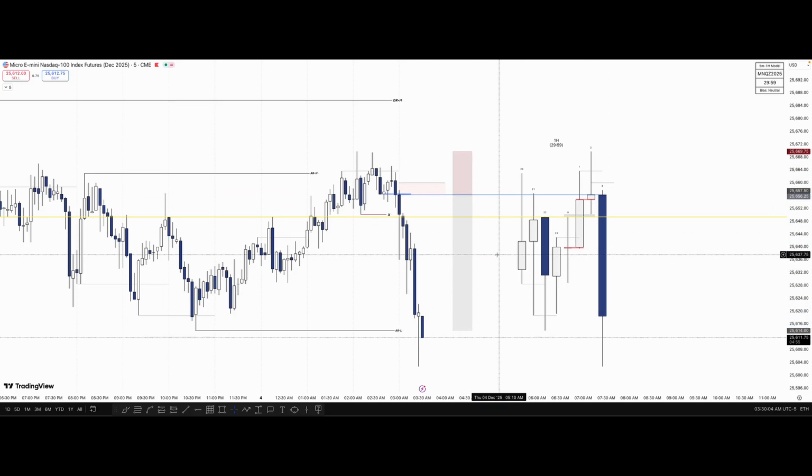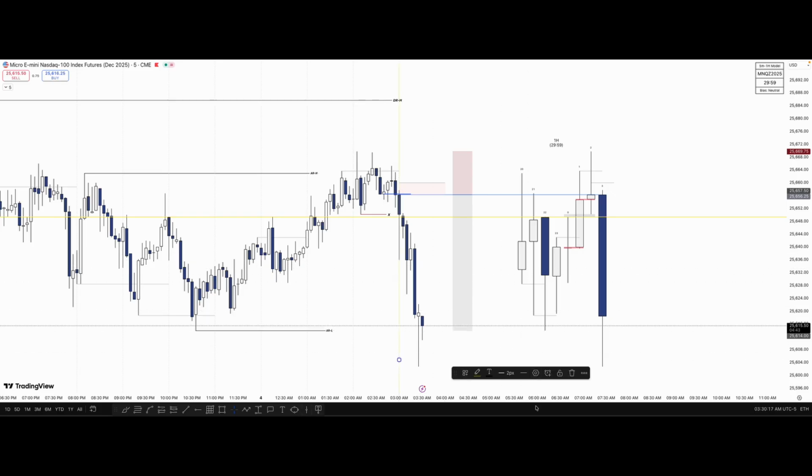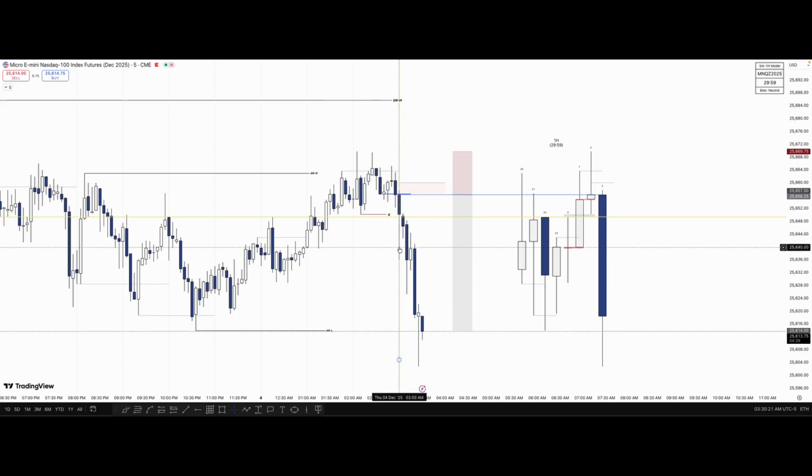Just look at it. So देखो, the price what has done, हमारा लंदन ओपन कब हुआ था? This is the London Open, right? So before London Open, if you are trading the London session, what are the things that we need to take into account?